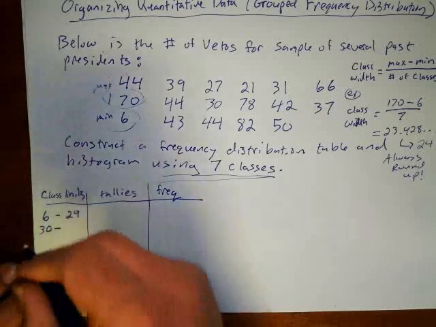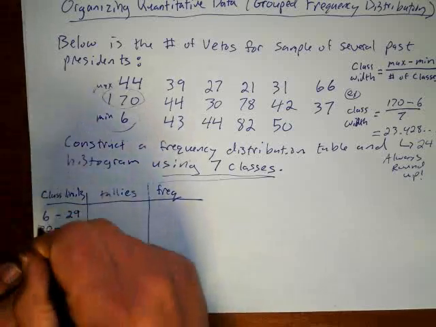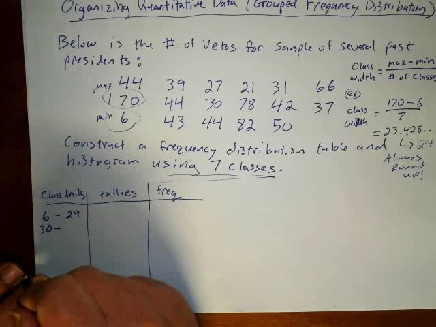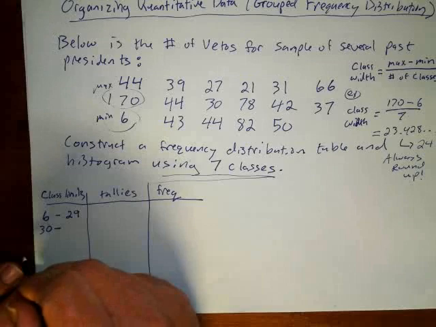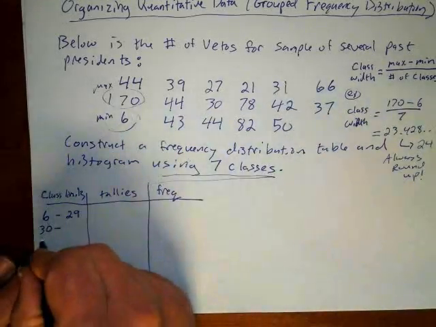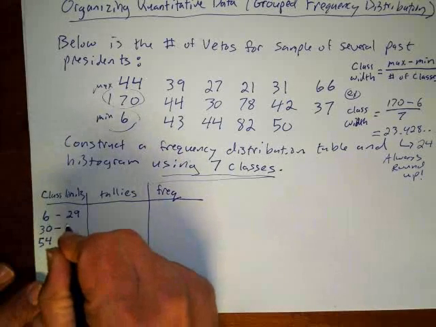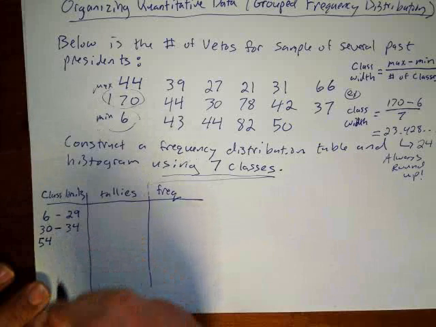The class width is actually the difference between two lower limits, between 30 and 6, and you get 24. So you add 24 to this to get the next lower limit, and then you subtract 1 to get the upper limit, like that.